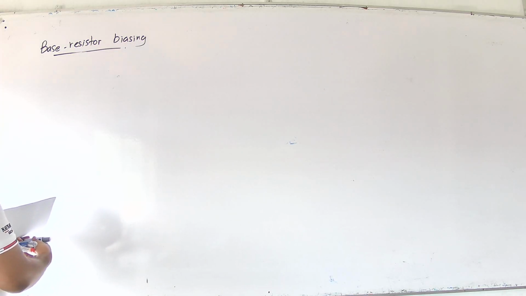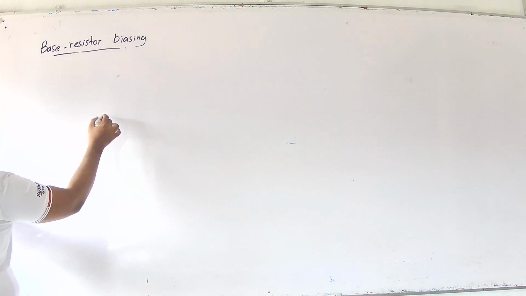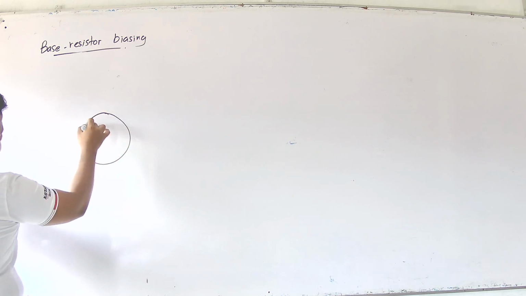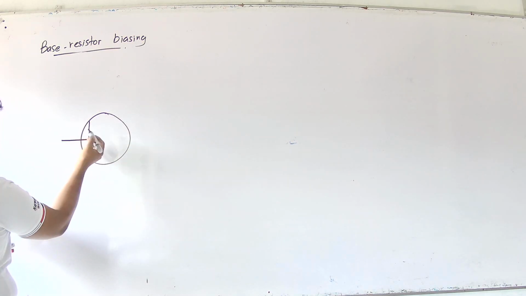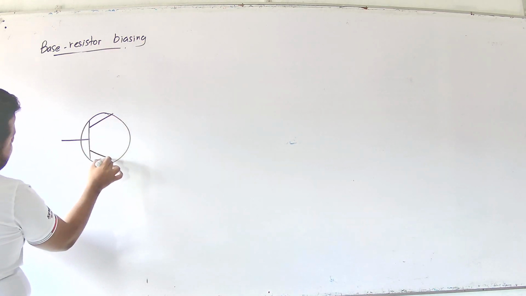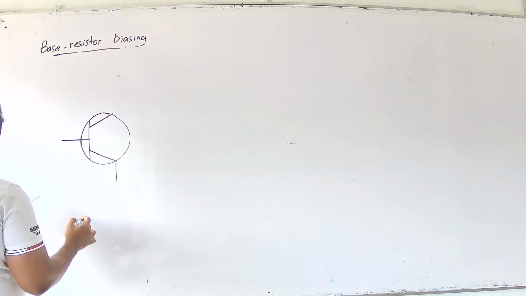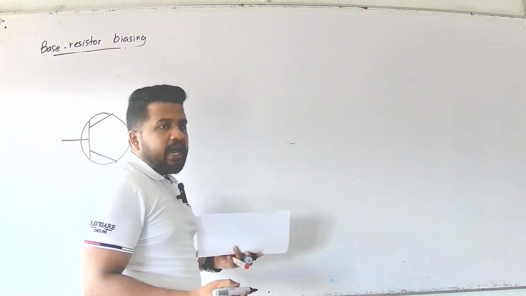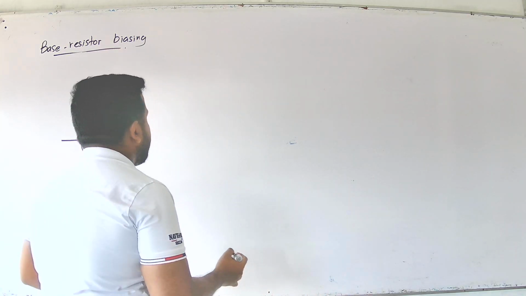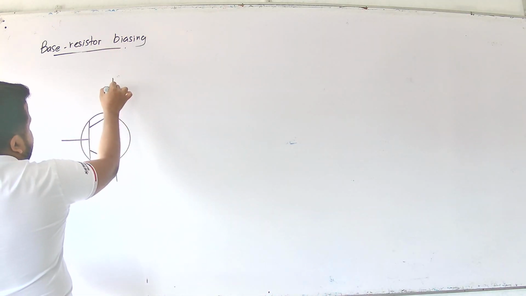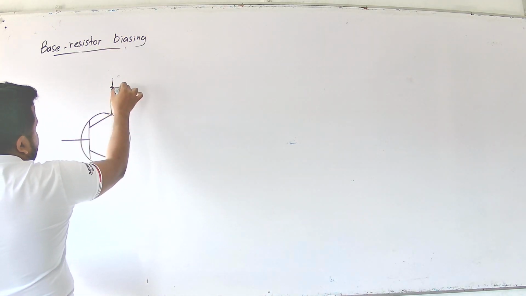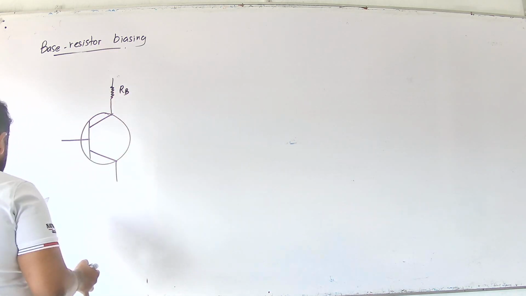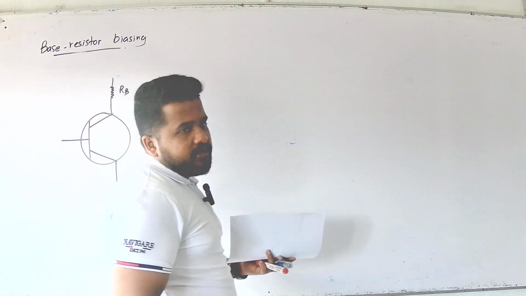If the IC should be 5 milliampere, calculate the value of RB and RC.